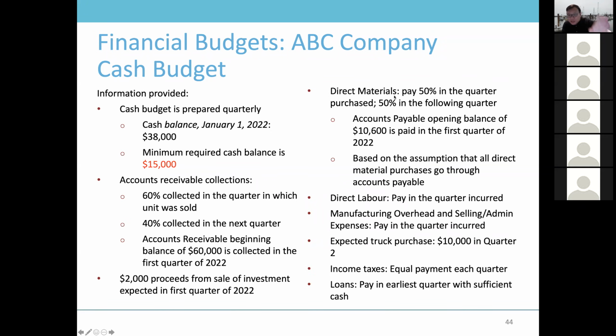The direct materials, okay, we are only paying 50% of the materials purchased in the quarter. So if I purchased materials worth $100, I only pay $50 to my supplier in the quarter of purchase, and I will pay the other $50 in the following quarter, the second quarter.